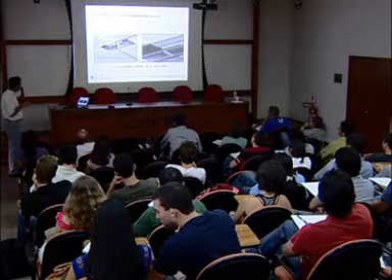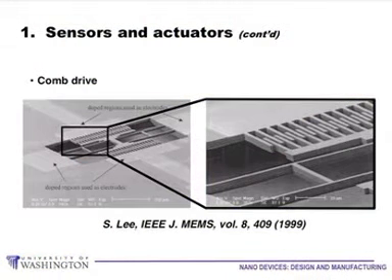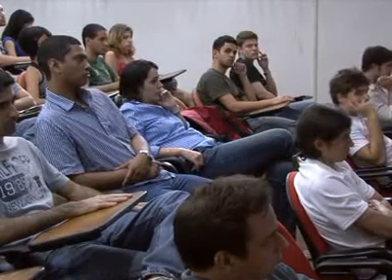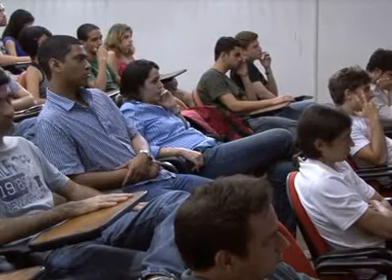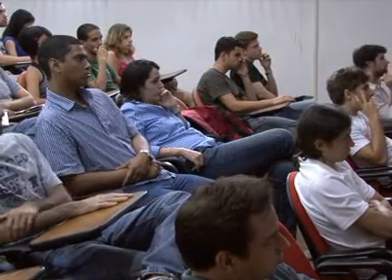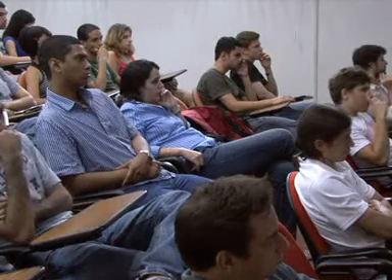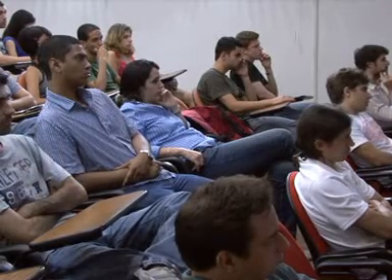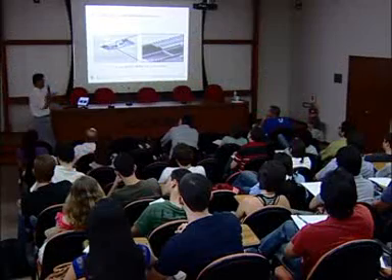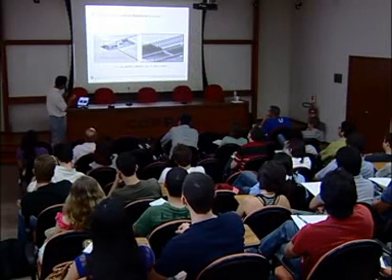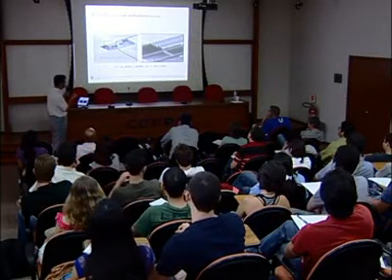Okay? So if you see this structure, the center one is the elastic beam that is suspended. And then this structure and this structure come with a comb drive. Okay? A lot of cantilever fingers are kind of interfaced out there.